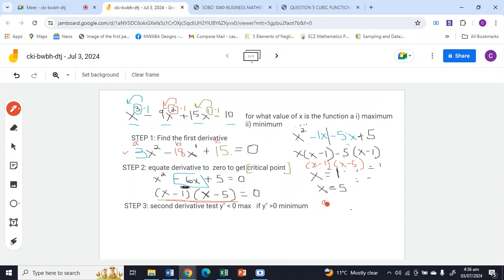So you're going to start again. You're going to say a times c, which is 3 times 15, gives you 45. So now you have to find two factors of 45 that when you multiply them, you get 45, and when you add them, you get negative 18.